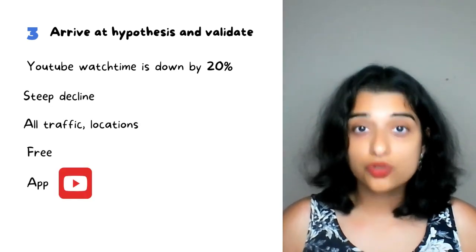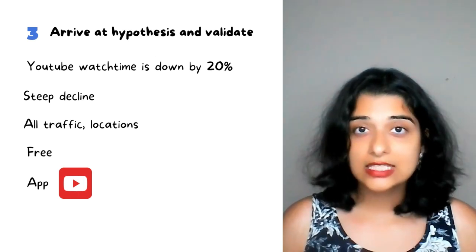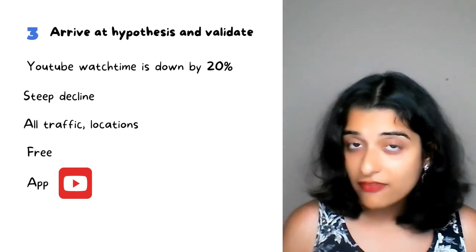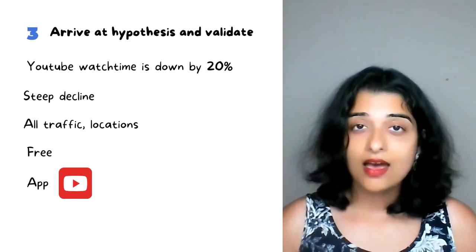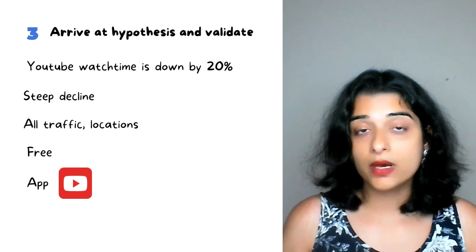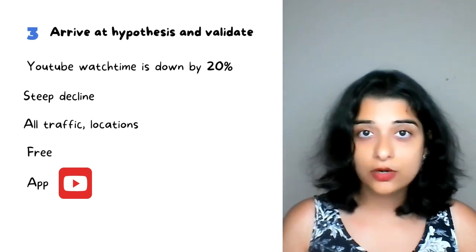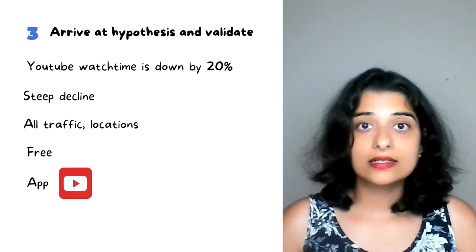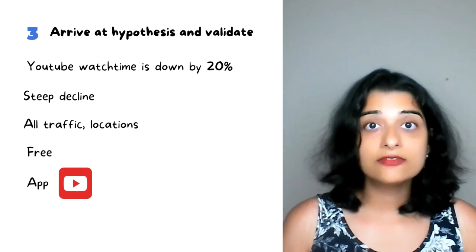The decline or the drop is steep. It's coming from all regions, all traffic, all customer segments. This decline is coming from the free version of YouTube and not the premium. And the decline is coming primarily from the app.